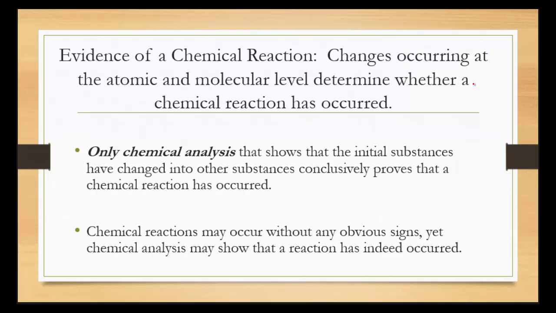Alright, so changes occurring at the atomic and molecular level determine whether a chemical reaction has occurred. Only true chemical analysis shows that the initial substances have changed from what they were before to what they are after. It can occur without any obvious signs, but that evidence that we just talked about is a way of double checking.